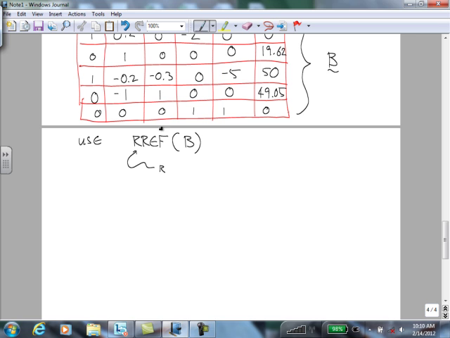Do you remember what this stands for? Reduced row echelon form. And it'll give you a matrix that's diagonal ones, and then the last column will be your solutions.